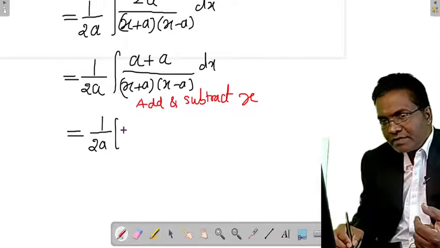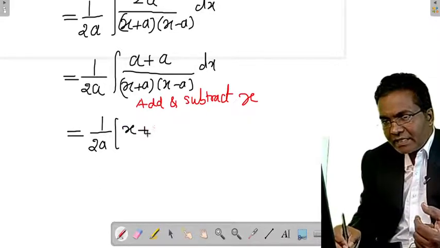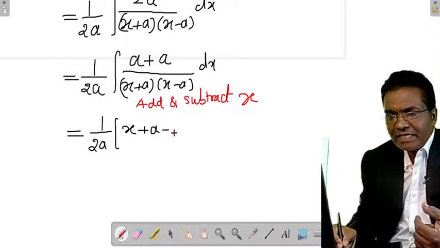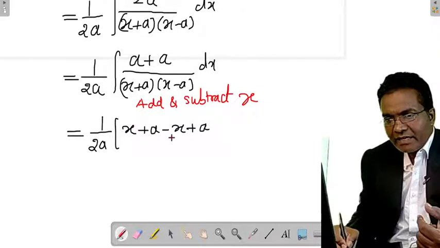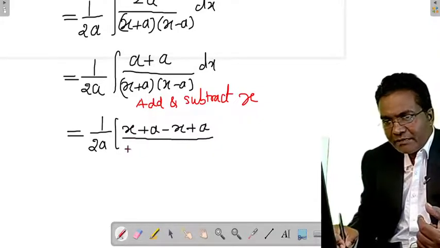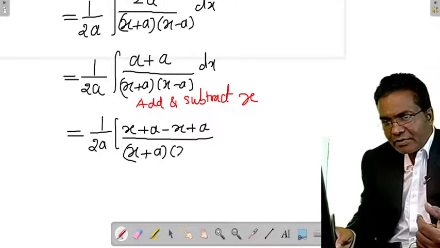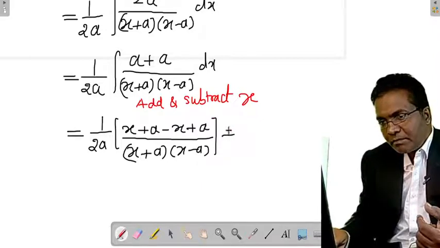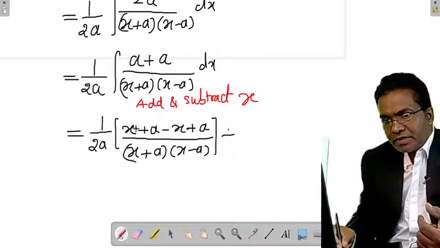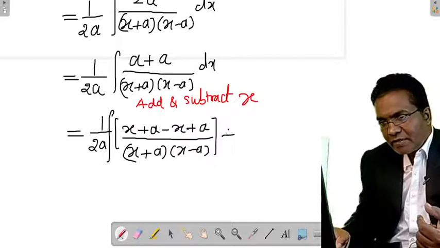So I write x plus a minus x plus a. I have added and subtracted x, whole divided by x plus a into x minus a, integration into dx.